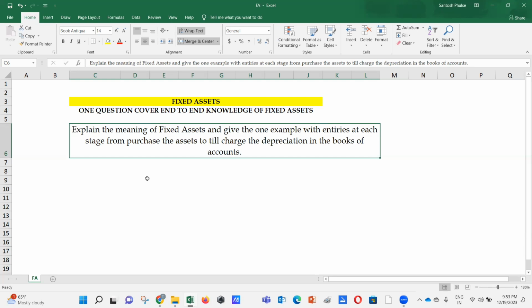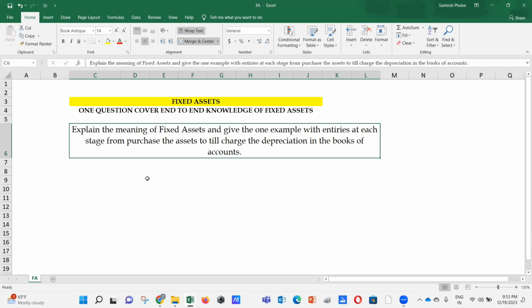So whenever such questions come up, as we already mentioned, the way of asking questions has changed. Nobody wants to ask questions in bits and pieces. It's a straightforward, combined question, asked to analyze how deep your knowledge is about that particular concept.